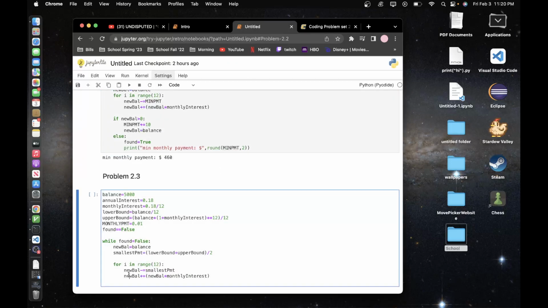So after updating the new balance, we want to go through and say if, and because we're dealing with super small numbers, if the absolute value of new balance is between 0 and 0.1 inclusive, because we want it to the nearest cent. It can be 1 cent.